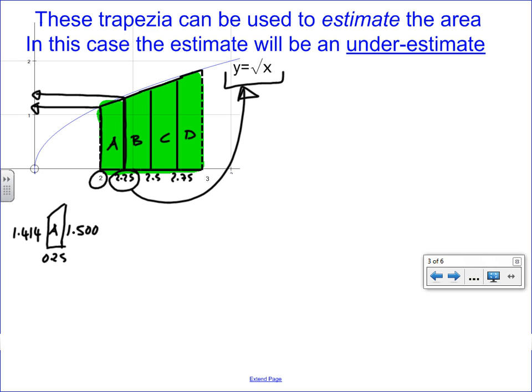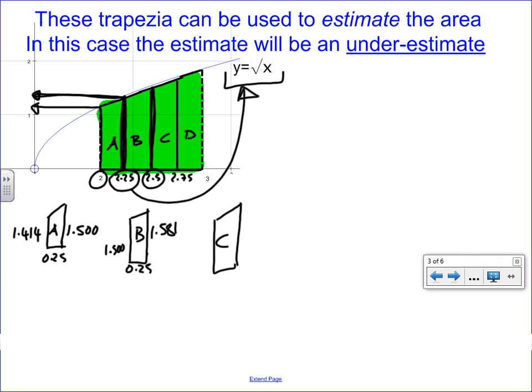Okay, so that's A. And then I'm going to look at B. So, this is 0.25 across, isn't it? I was just about to say to you, can you put 2.25 in to find the height? But I've just realised we've already done that. What about when you put 2.5 into the function to find this right-hand side of B? 1.581. Okay, and then 2 to go.